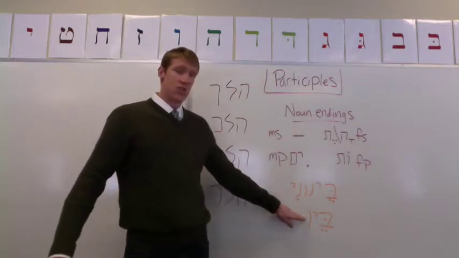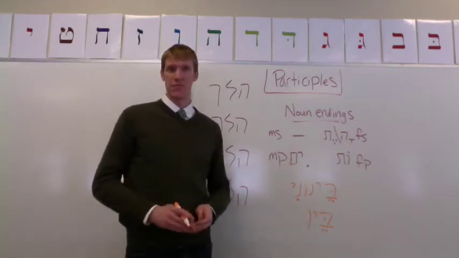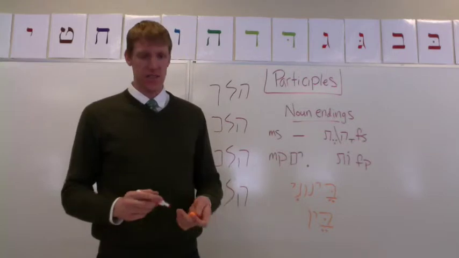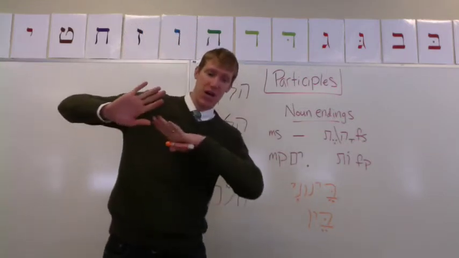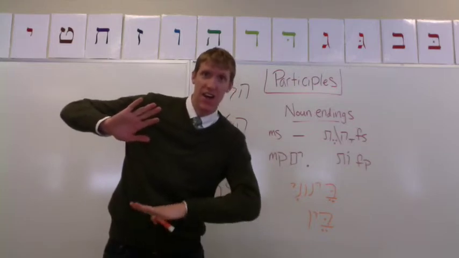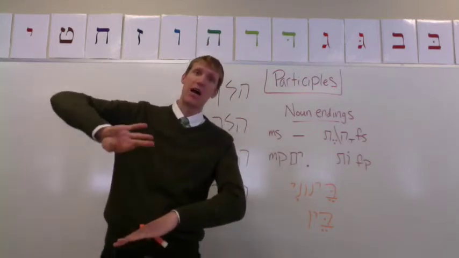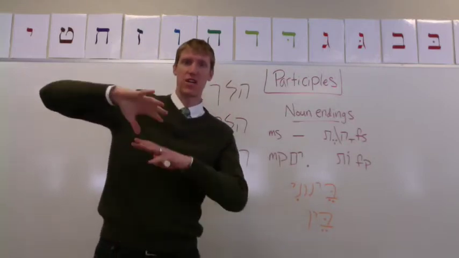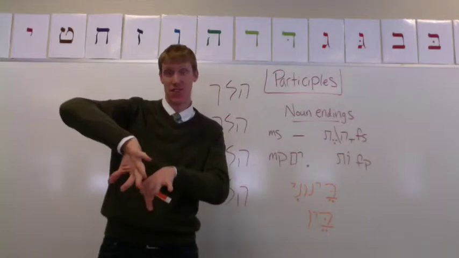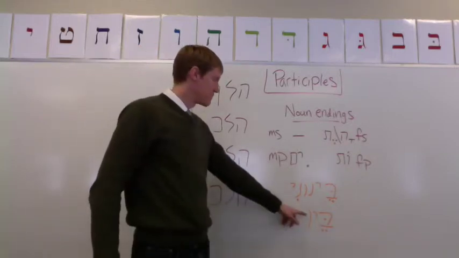You may recall that the preposition bain is the preposition between. So in Genesis, the rakia is bain hamayim asher mitahat la rakia. That's the water that's under. Uvein hamayim asher me'al. That is the water that is above. So the rakia is betwixt, if you will, the water above and below, between.